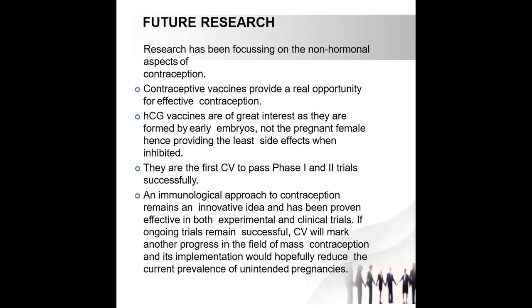An immunological approach to contraception remains an innovative idea and has been proven effective in both experimental and clinical trials. If the ongoing trials remain successful, the contraceptive vaccines will mark another progress in the field of mass contraception, and its implementation would hopefully reduce the current prevalence of unintended pregnancies.